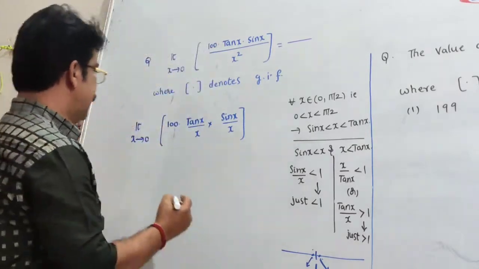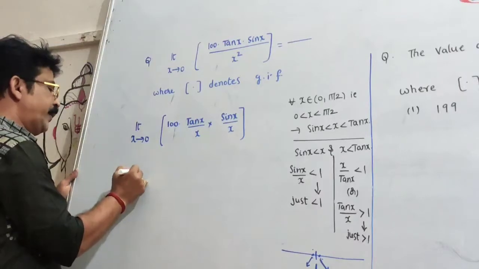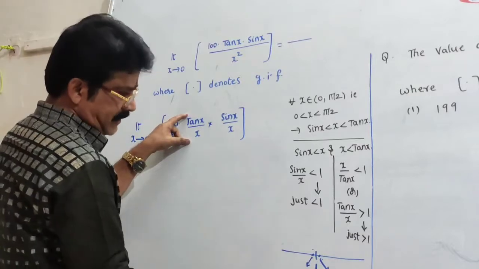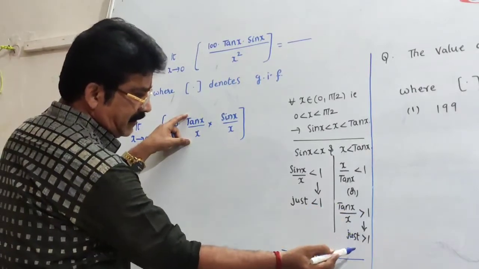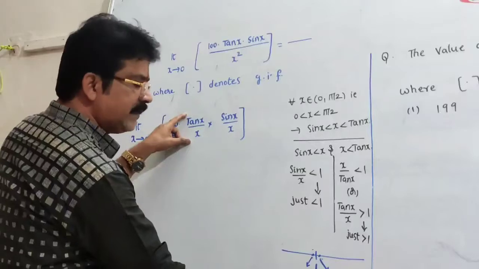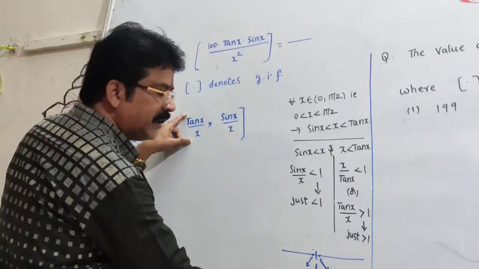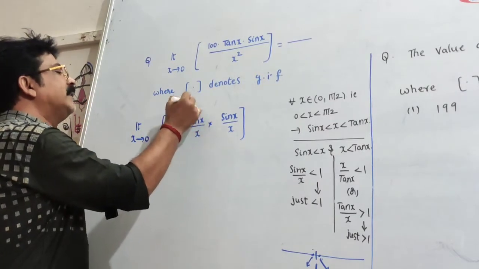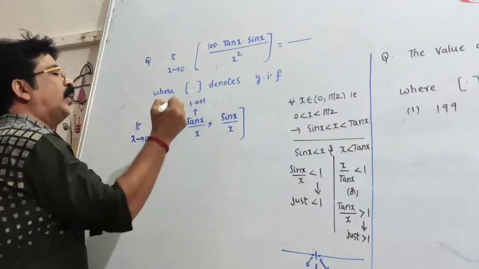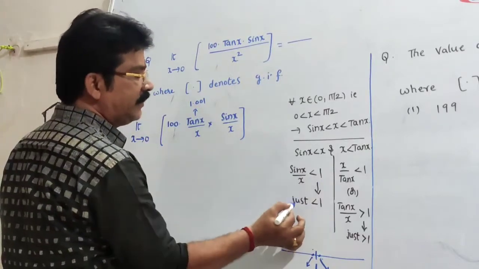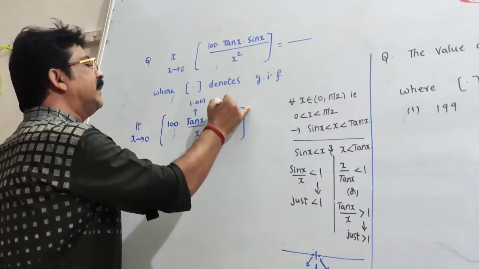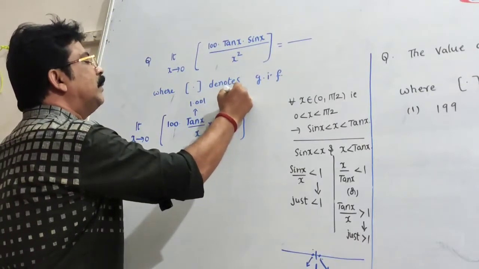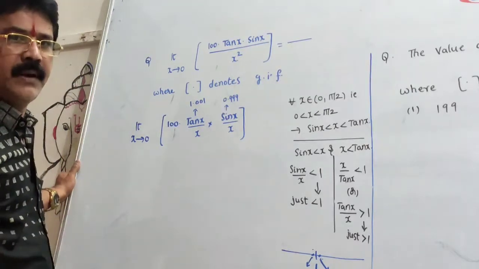So, limit x tends to 0, what is tan x by x? Tan x by x is just greater than 1, so instead of this value we can write just greater than 1, means 1.001. Next, sin x by x is just less than 1, it can be taken as 0.999. Okay, understand?